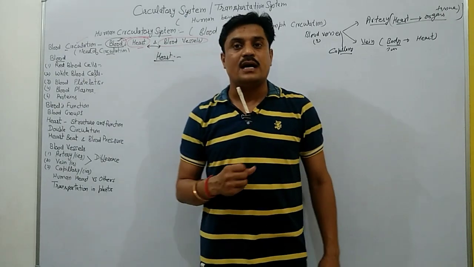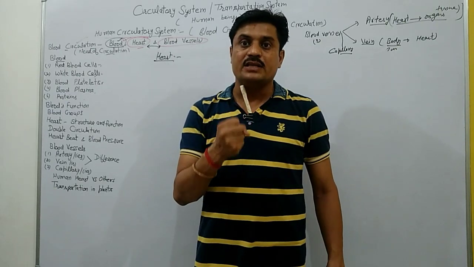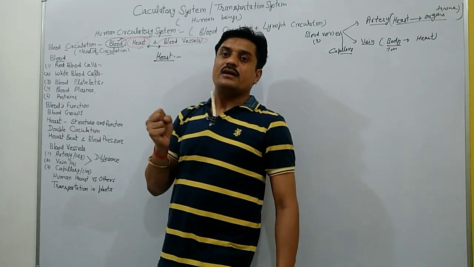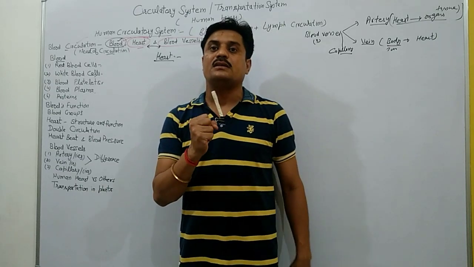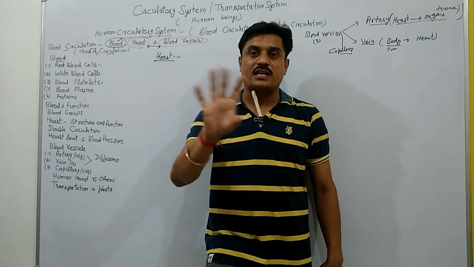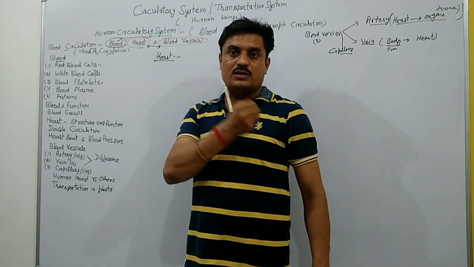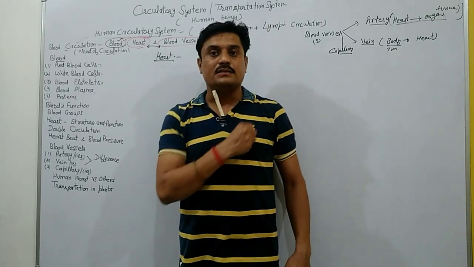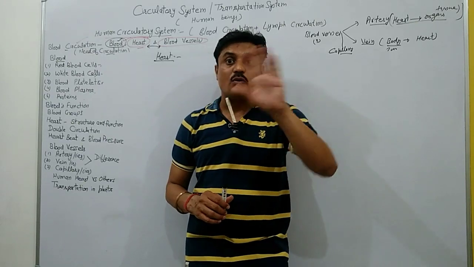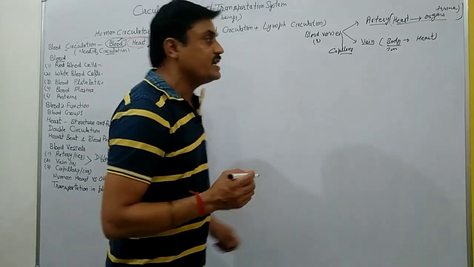The size of the human heart is the size of his own fist or her own fist, irrespective of the gender. The size of the heart is equal to the size of his or her fist. For example, the size of my heart is equal to the size of my fist. This heart is covered with a protective layer, and this protective layer is called pericardium.